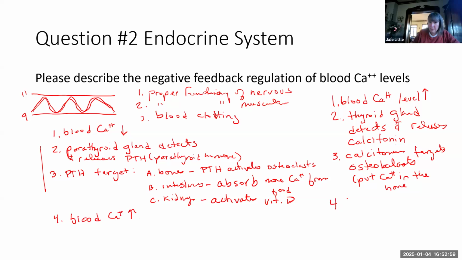And what's going to happen is if we're taking calcium out of the blood and putting it into the bone, we're automatically decreasing blood calcium levels because calcium cannot be in two places at one time. There you go. That's negative feedback regulation of blood calcium levels.